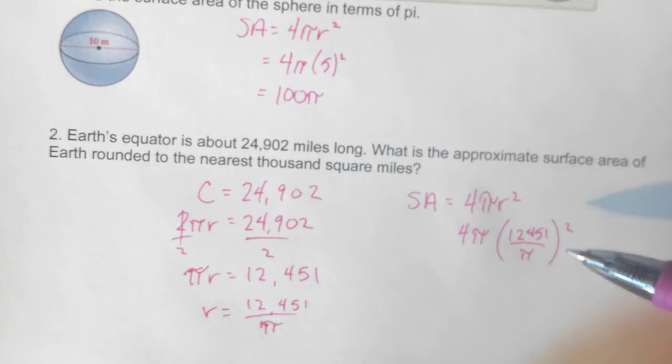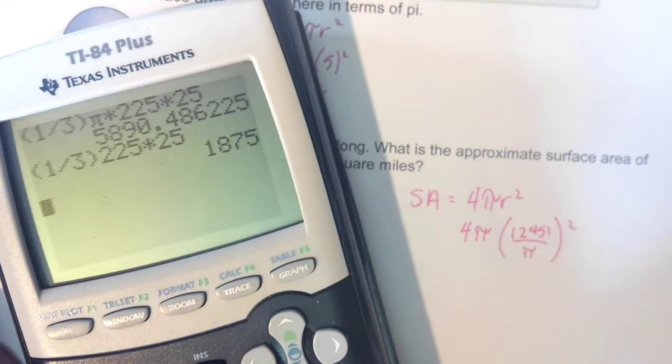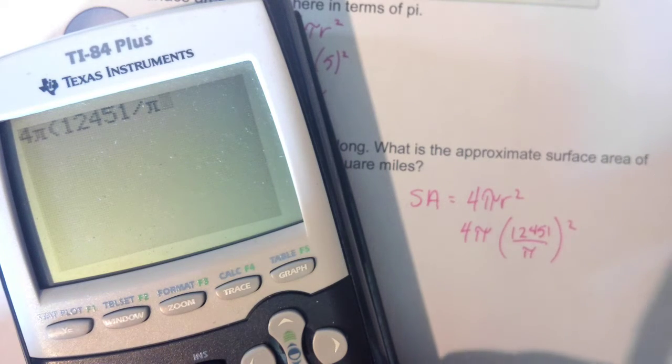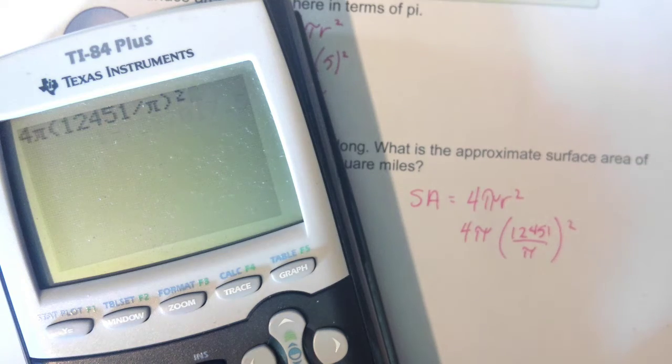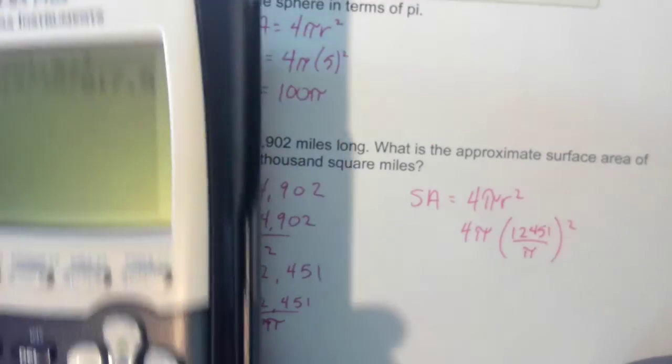I'm just going to type that in my calculator. I'm not going to mess with it. 4 times pi times 12,451 divided by pi, quantity squared. Rounded to the nearest 1,000 square miles.